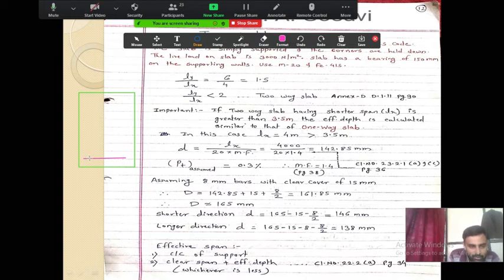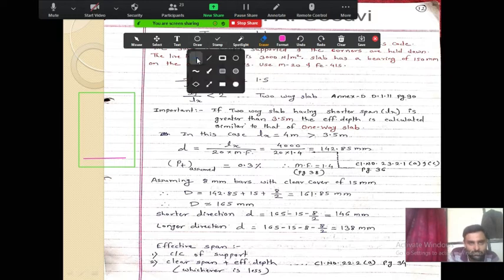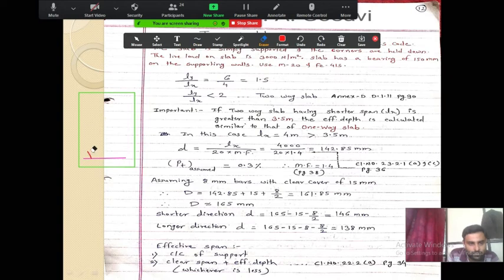So these bars will come here. Here I will draw the circle. These are the bars. If you see from the longer direction, they will come like this above. These are the bars. Okay.